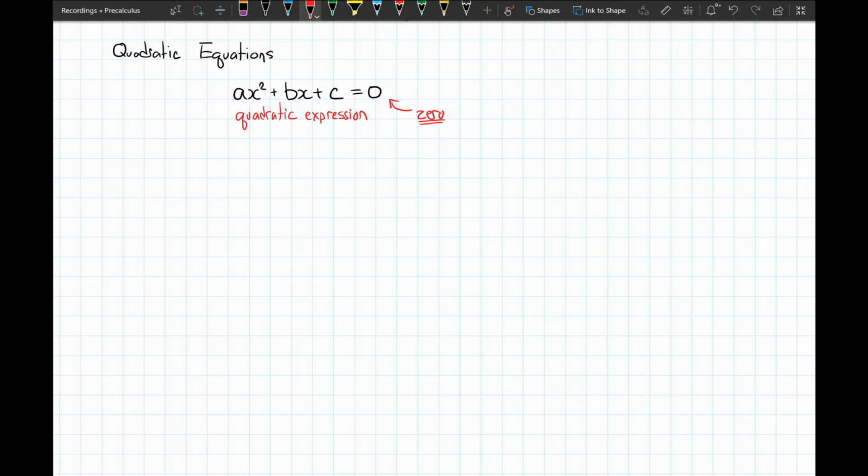Now, there are a couple of different methods for finding the solution to a quadratic equation. The first one is using factoring, and that's why factoring in one of our more recent videos is so important here. It's using the zero product property. The idea is, let's suppose you can factor that ax squared plus bx plus c equals 0.